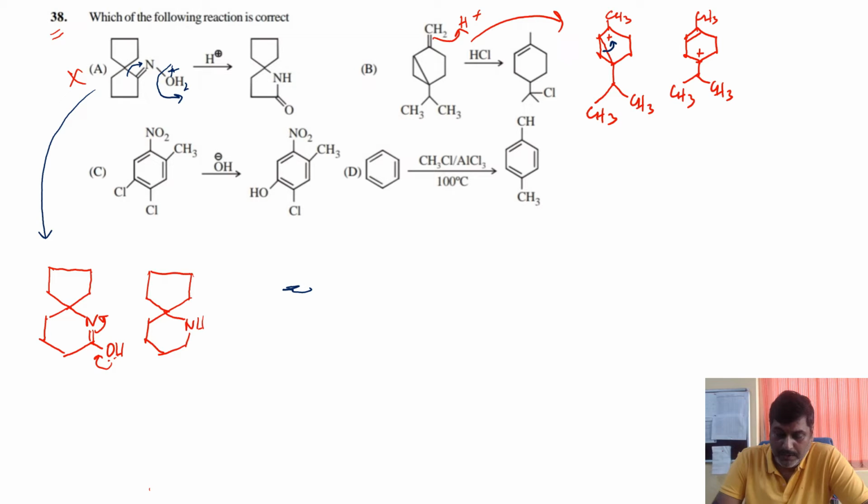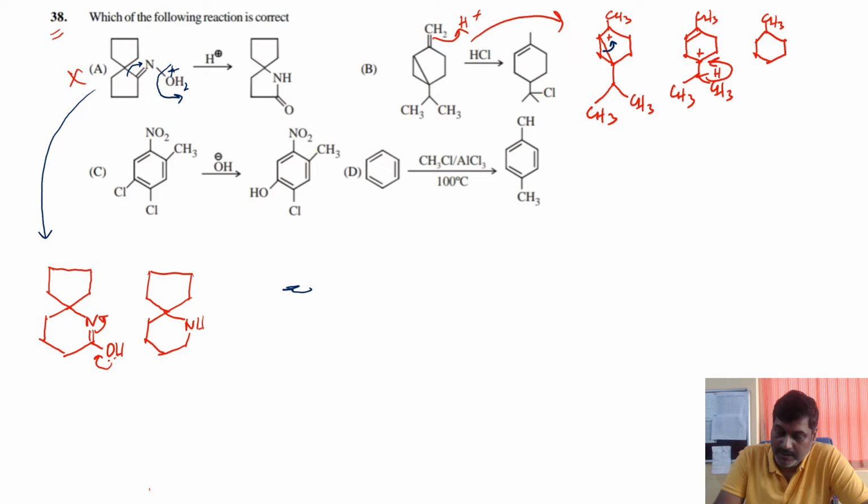Next, what you can do? Anyway, this is also not a stable one, and this is on the ring. So either we can go with this also, in the harsh condition we can form the double bond, you can say exocyclic. Otherwise, as this is the nucleophilic condition, as per the situation there is a hydrogen, so a 1,2 hydride shift takes place and this is coming to a new place.